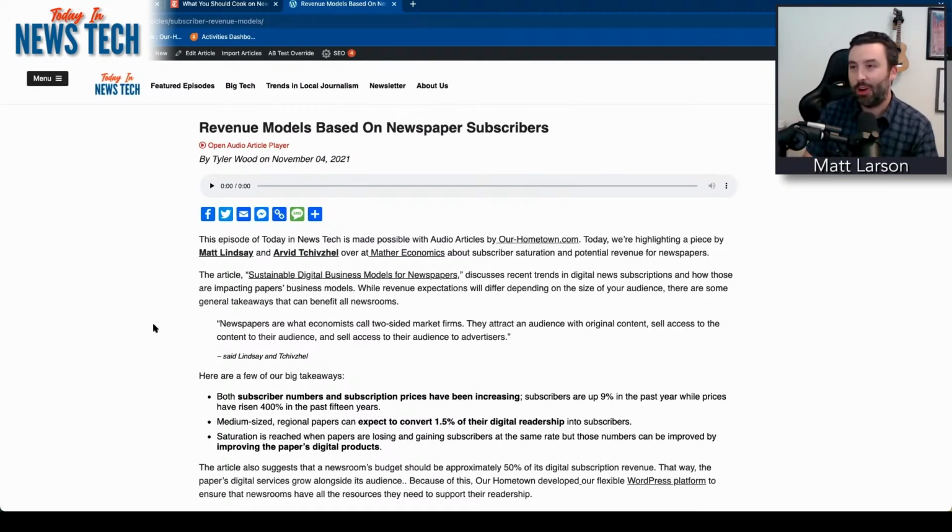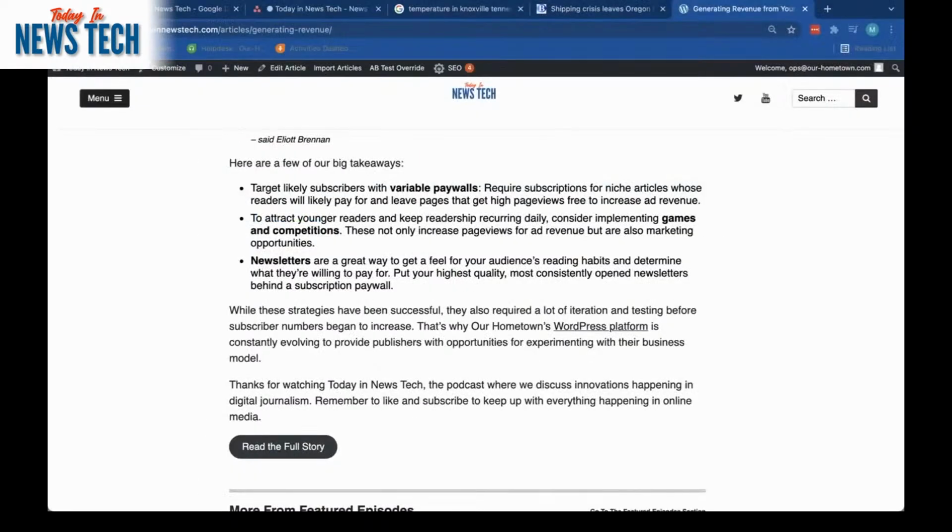With that, let's hear one of their recent stories on revenue models based on newspaper subscribers. Today, we're highlighting a piece by Matt Lindsay and Arvid Chivjel over at Mather Economics about subscriber saturation and potential revenue for newspapers. The article, Sustainable Digital Business Models for Newspapers, discusses recent trends in digital news subscriptions and how those are impacting papers' business models.